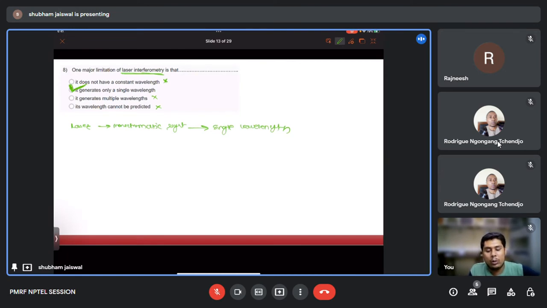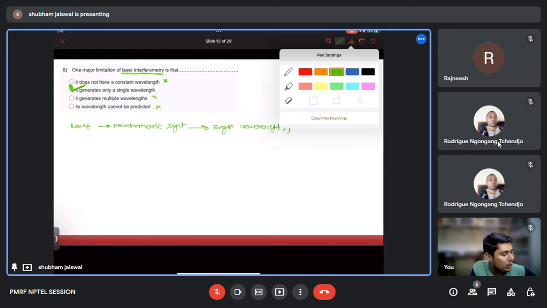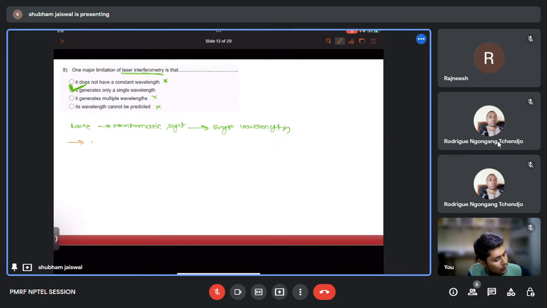So why is it so? Why is it the major limitation of laser interferometry? Because we can't use the method of exact fraction for measurement.